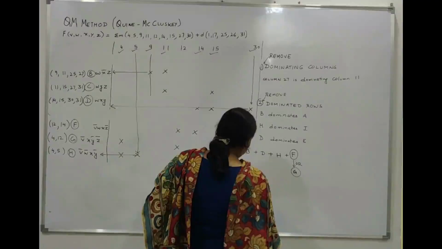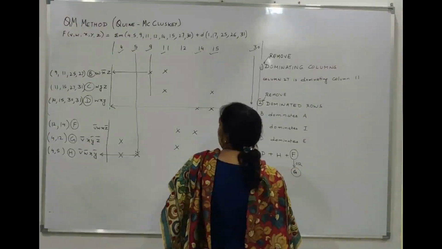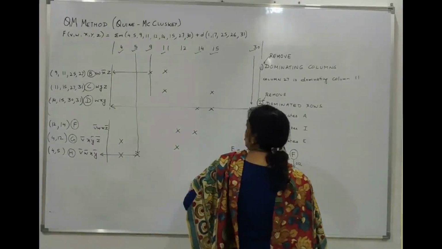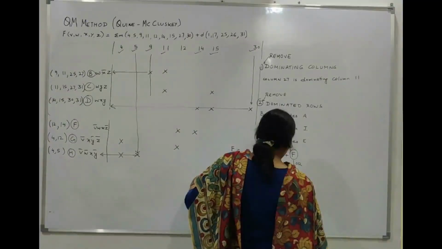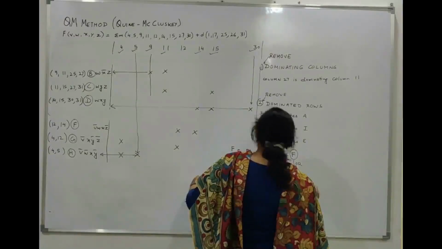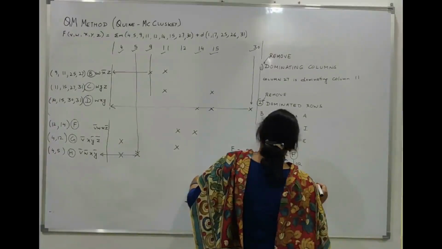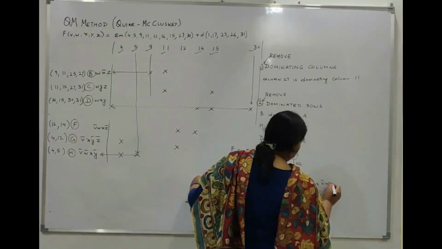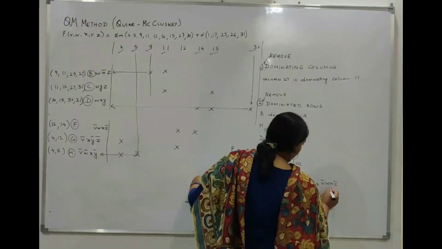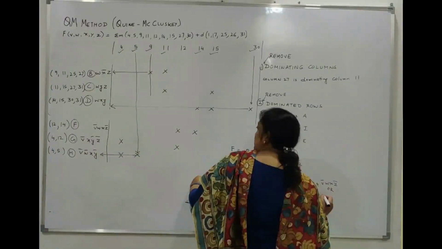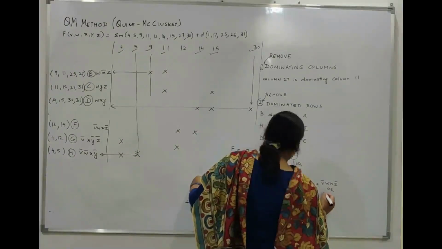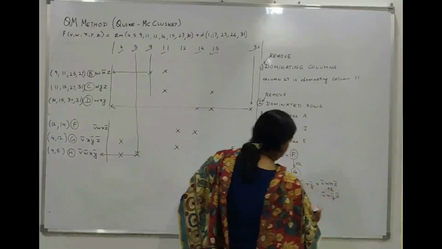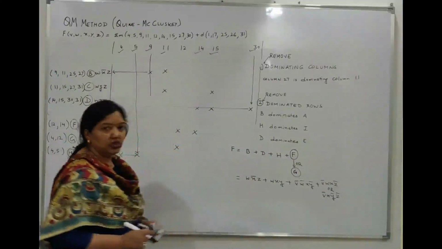W x bar z. What is D? W x y. What is H? V bar, W bar, x y bar. What is F? V bar, W x z bar. Or if not this, V bar, x y bar.